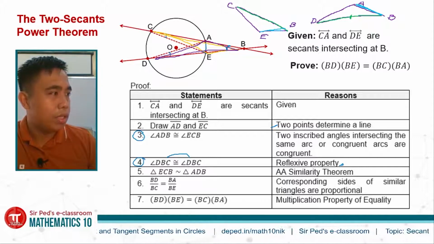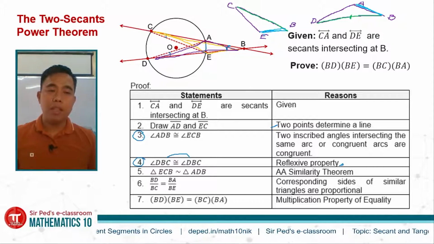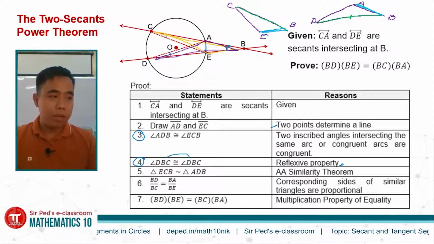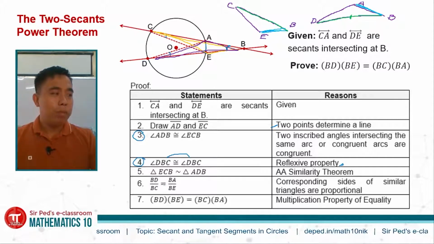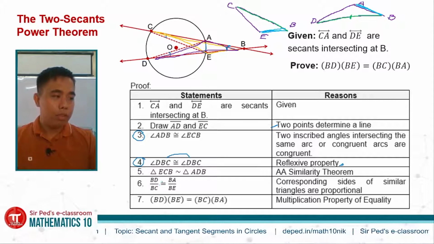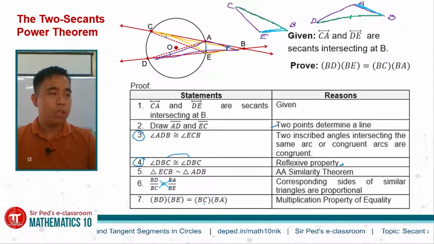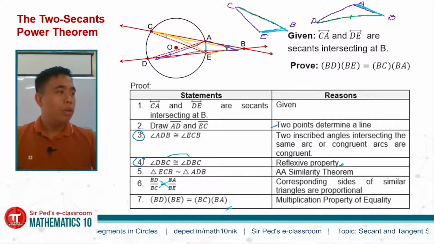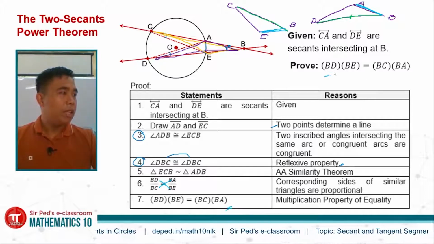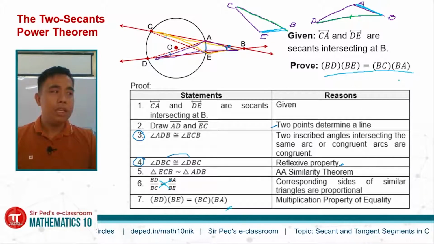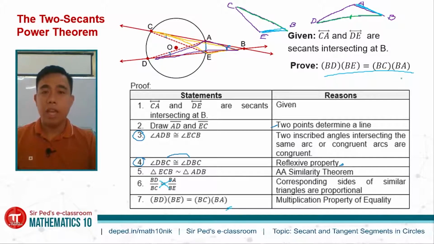They are corresponding sides that are proportional. So by the multiplication property of equality, we can cross multiply. So BD times BE is equal to BC times BA. So we have proven that BD times BE is equal to BC times BA.